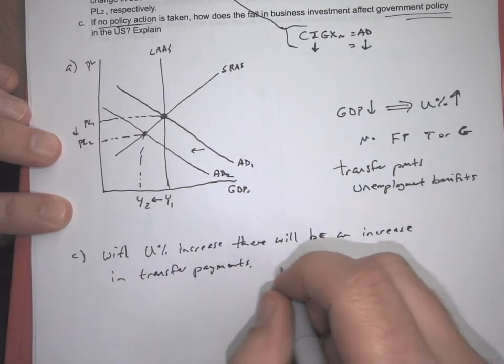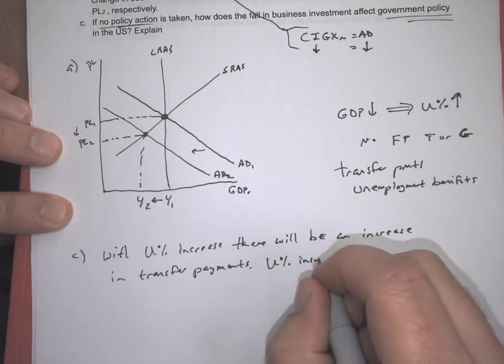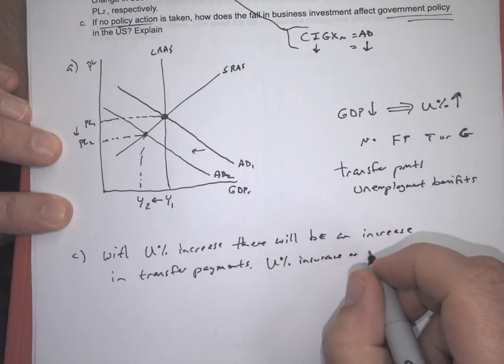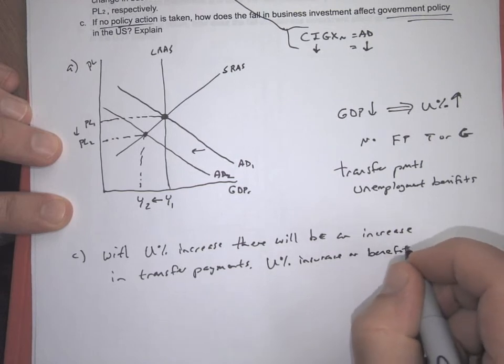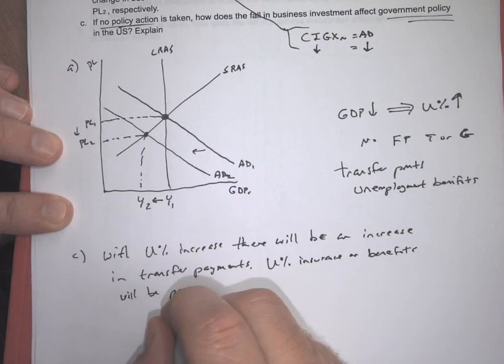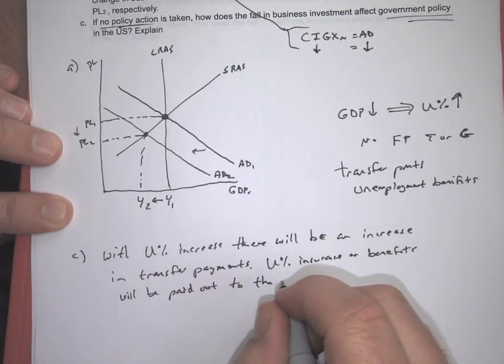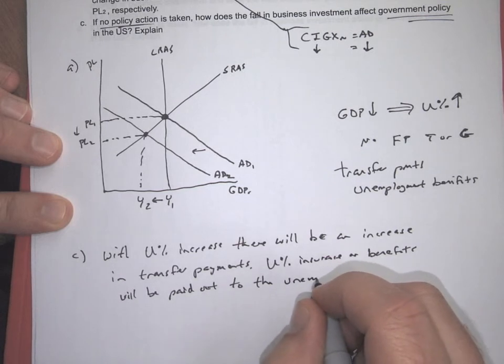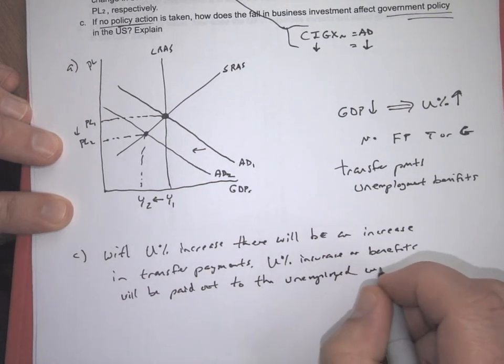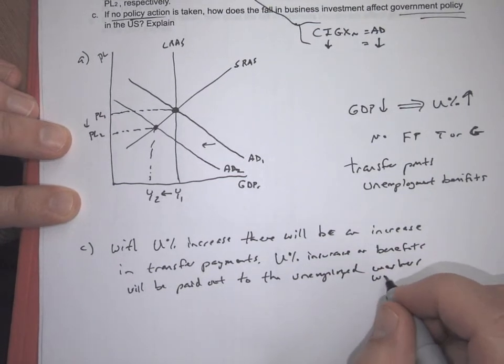Okay, so unemployment insurance or benefits will be paid out to the unemployed workers. Oh gosh, sorry about my handwriting there.